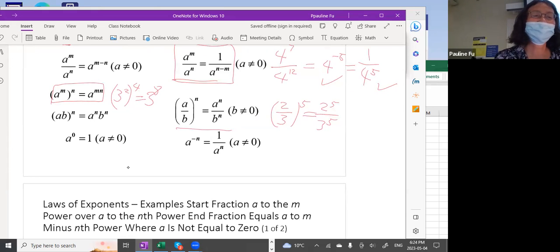And then what is 0 raised to power 0? This does not exist. We do not allow this expression. But if you say 2 raised to power 0. Yes. Excellent. -3 raised to power 0.